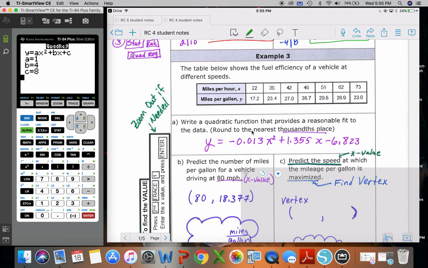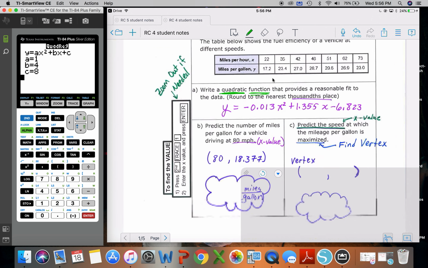So this information has already been done for us, where they took this table and put it into stat edit and ran the quadratic function. So they did quadreg, and then they rounded the numbers. If you want to pause at this time to practice putting this table into stat edit and running quadreg, that is fine. Otherwise, I'm going to move on.